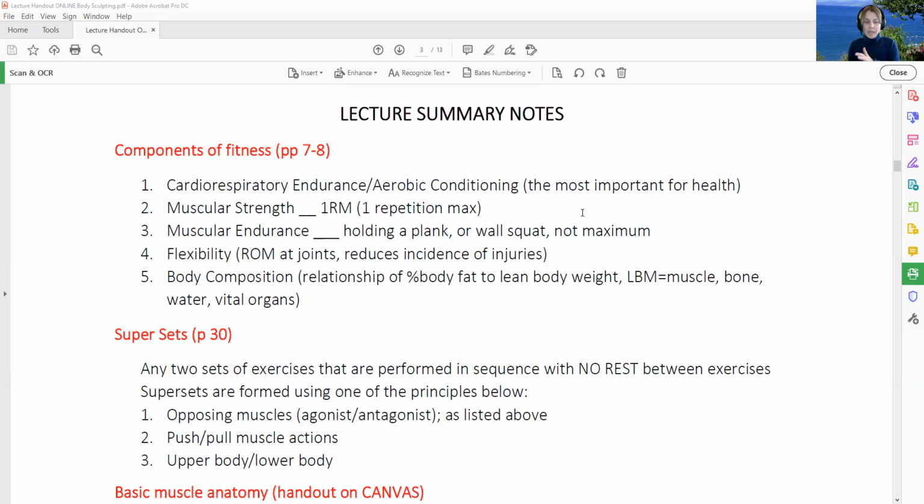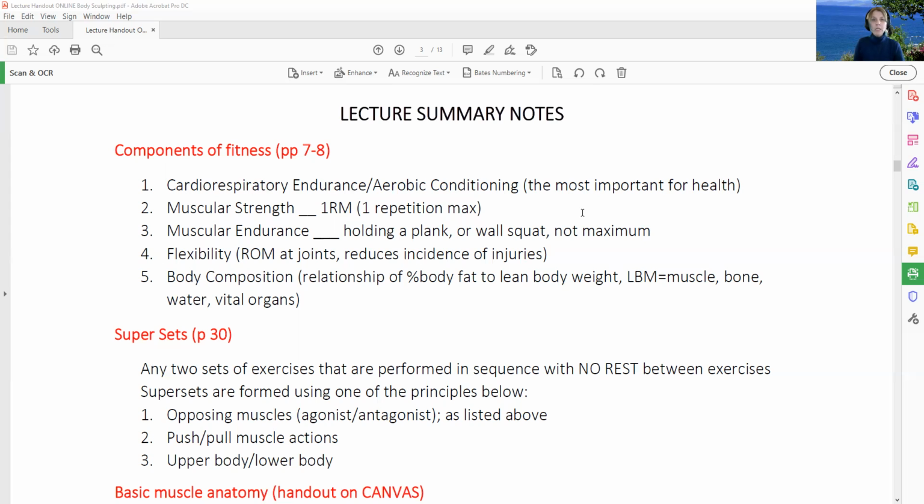You cannot say the rest is all muscle, because we also have water, we also have other organs, we have bones, and other tissues in the body that make up the rest of the weight than the 13 pounds. Okay, so anything but fat is considered lean body weight.